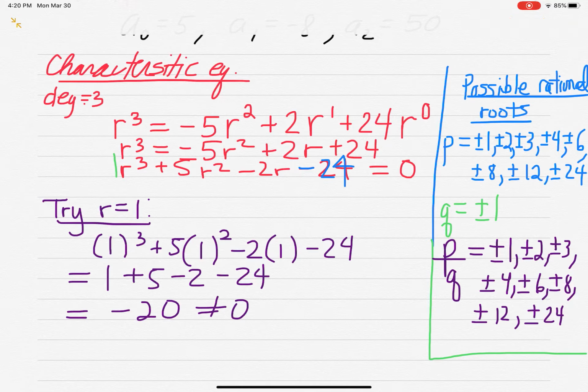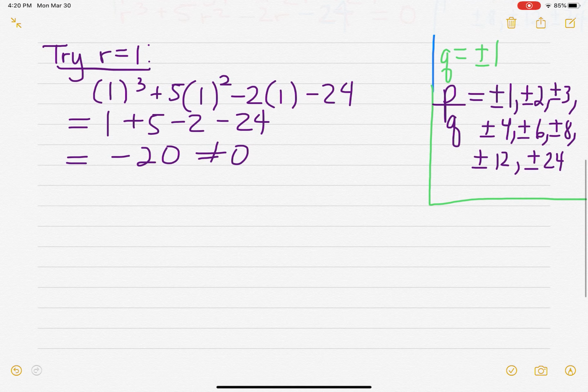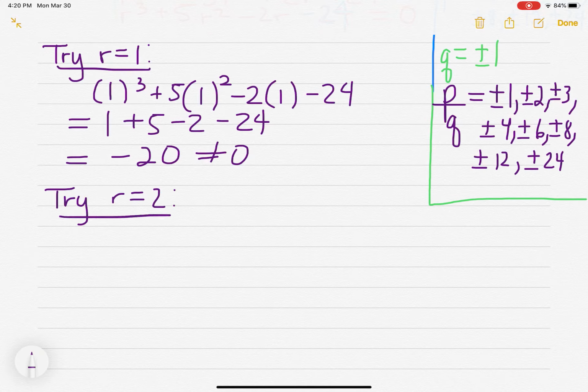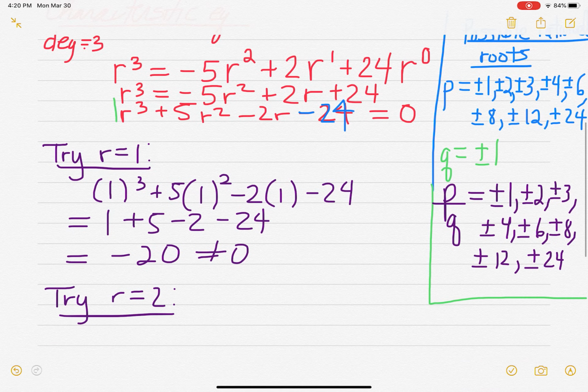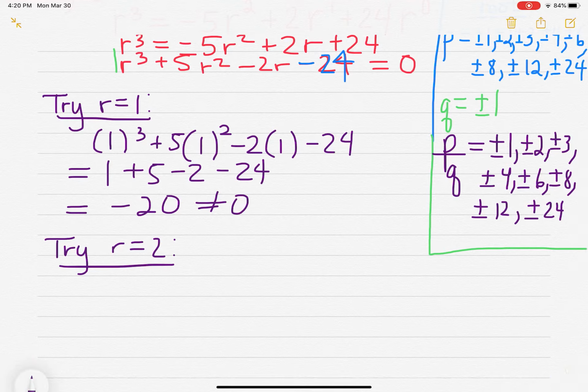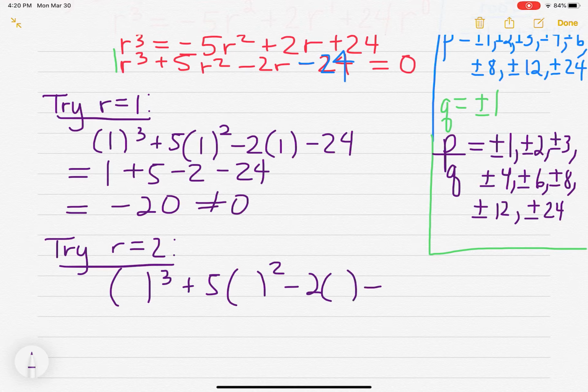So let's try r equals 2. See if 2 is a root of that equation. We're going to plug in 2 and see if we get 0 at the end. We're going to do a blank cubed plus 5 blank squared minus 2 times blank minus 24. See if we get 0. So I'm going to plug in 2 for my r.